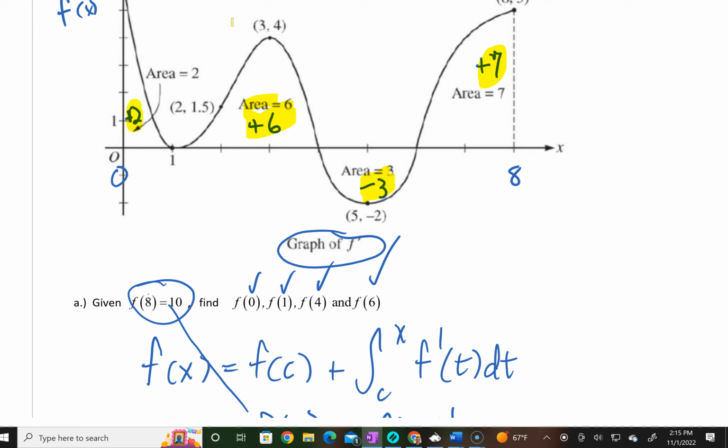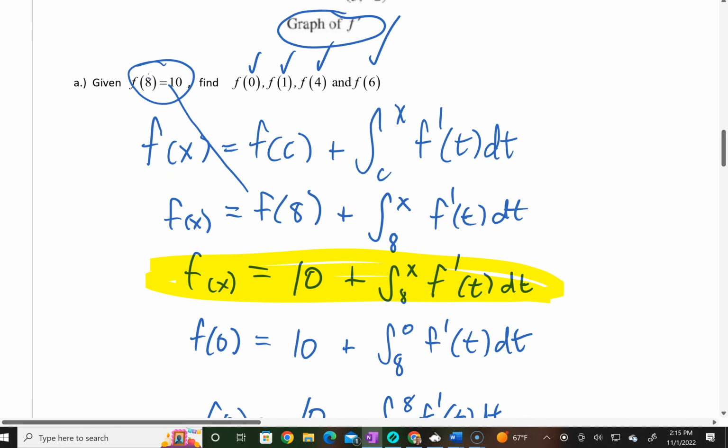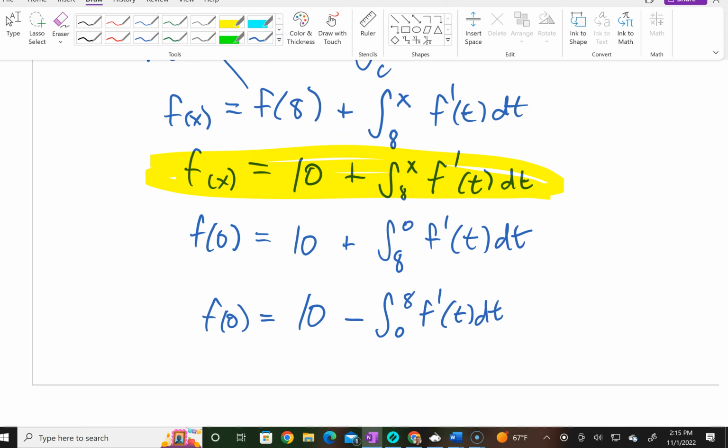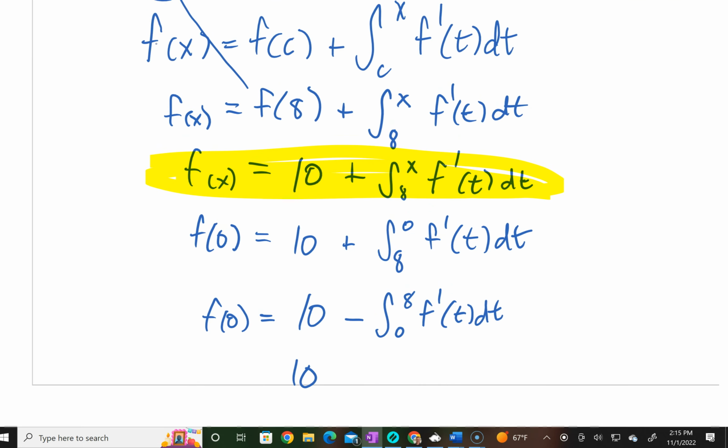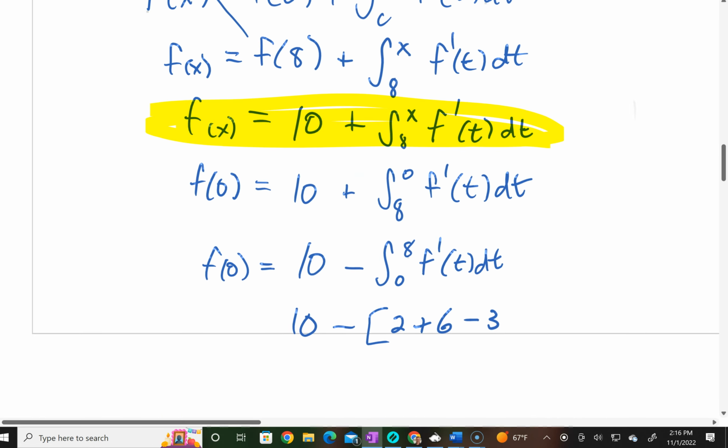So you'd say, what's the net area from 0 to 8? 2 plus 6 minus 3 plus 7. Right? So look, we can do this real quick. It's 2 plus 6 minus 3. I think it was minus 3, right? Plus 7.